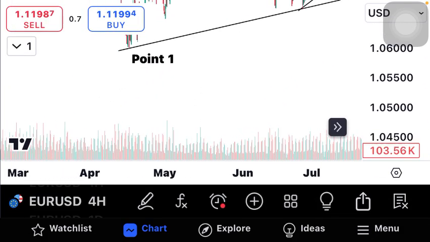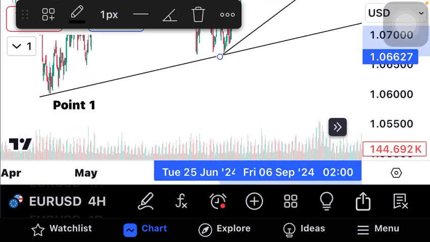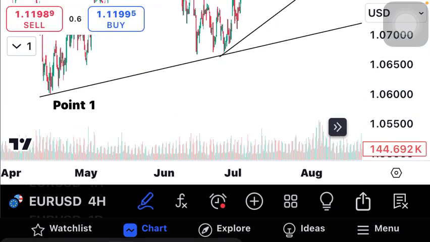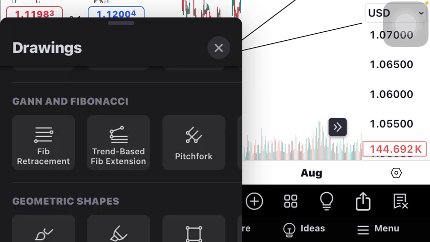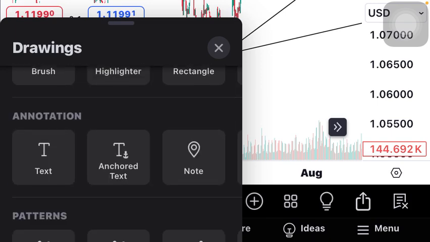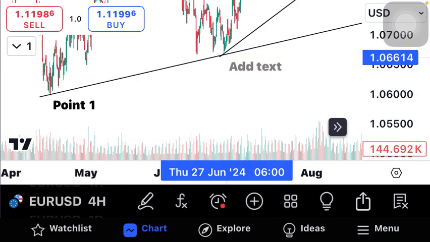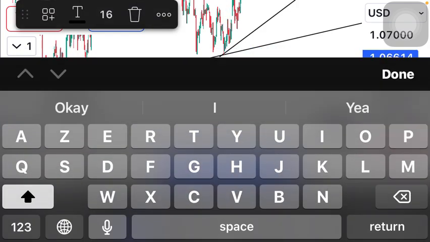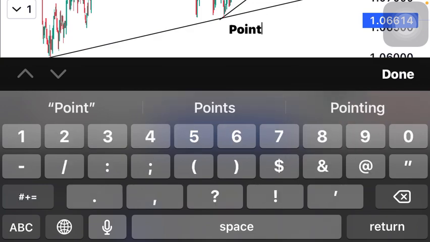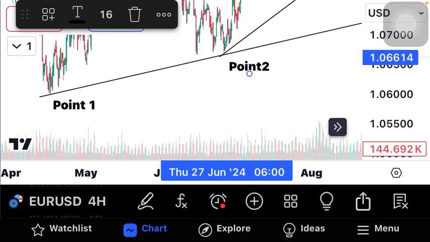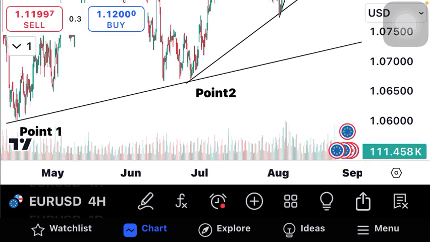Let's write something out here also. Here now will be our point two. Point two, done. Let's lock it. So I have my point one, I have my point two.